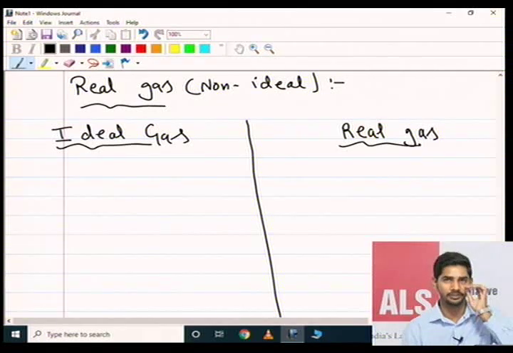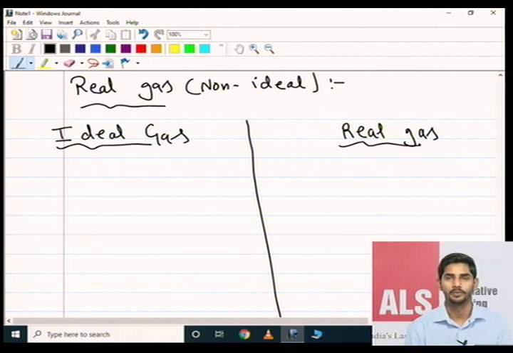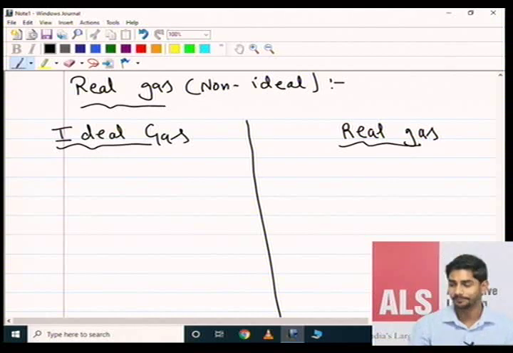An ideal gas would be available when the temperature is very high and pressure is very low, which is very difficult to obtain. So till now we haven't got any ideal gas.